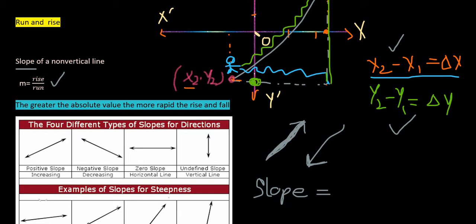Suppose we denote the slope by the letter m, and the rise is y2 minus y1, that is in our vertical direction, and the run is obviously in the horizontal direction, that is x2 minus x1.